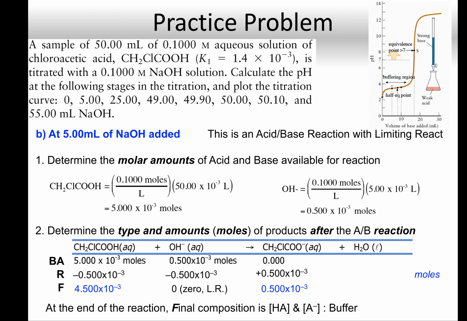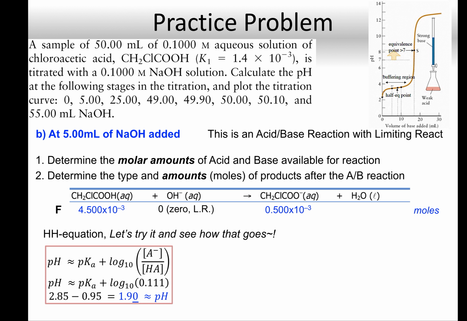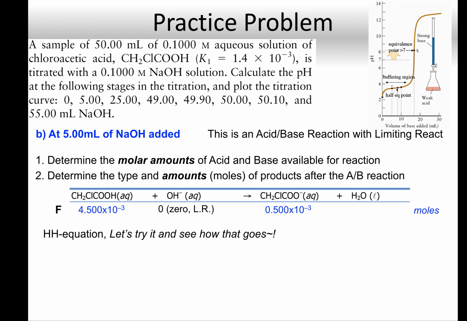So now, what we have at the end of the reaction between the acid and the base, the final composition of my flask, is a weak acid plus the conjugate base that was produced. Whatever weak acid I have left after the reaction plus the amount of the conjugate base that was produced. So this sounds like a buffer. If it sounds like a buffer, then maybe we can use the Henderson-Hasselbalch equation. So let's try and see how that goes.